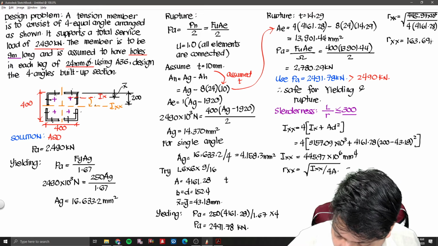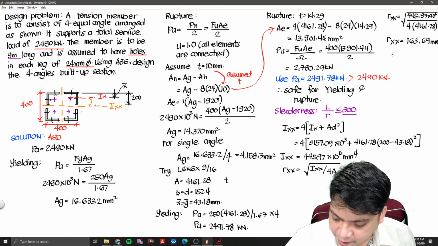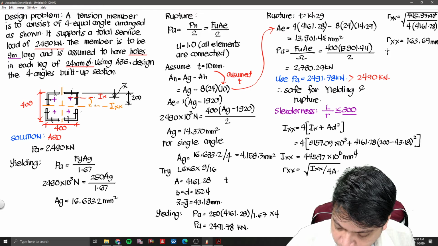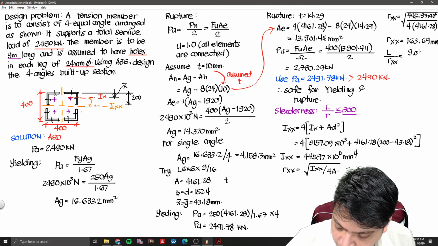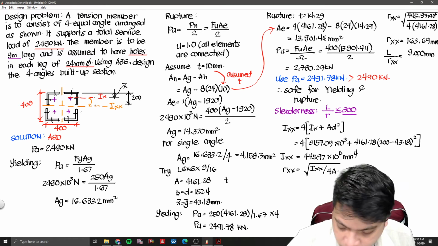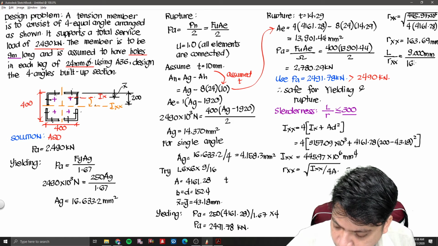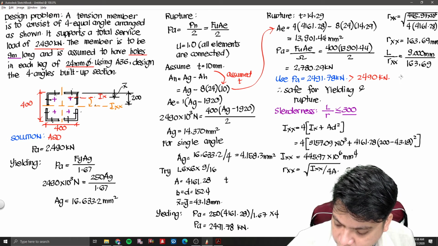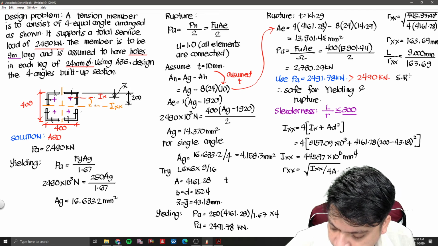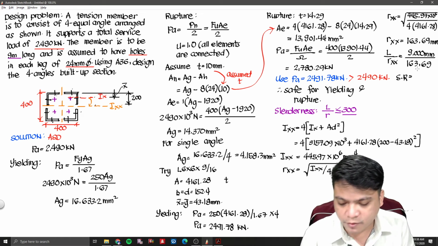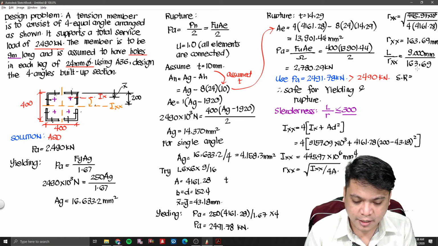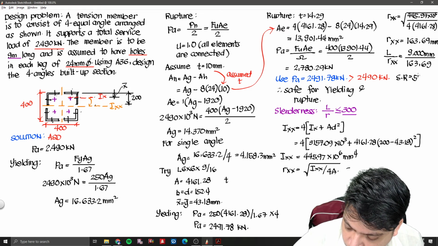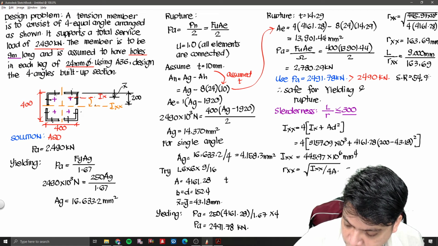Now, to get the slenderness, that would be equal to L over RXX. Since it's in mm, I'll make my 9 meters into 9,000 mm, all over 163.69. So our slenderness ratio would be equal to 9,000 divided by 163.69, that's around 54.98.